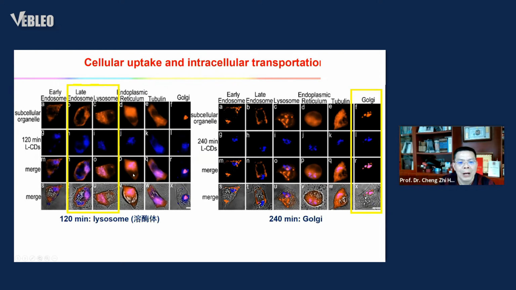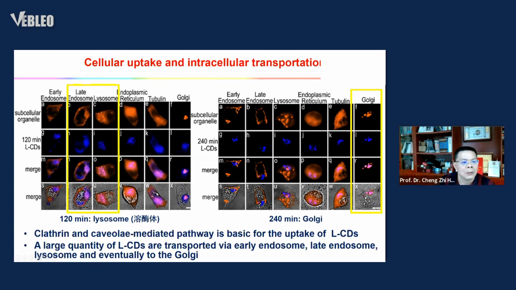At 240 minutes, most of the L-type carbon dots were transported to the Golgi. Thus, the uptake path is mainly mediated by caveolae and clathrin, and a large quantity of L-type carbon dots are transported via early endosome, late endosome, and lysosome, and eventually to the Golgi.